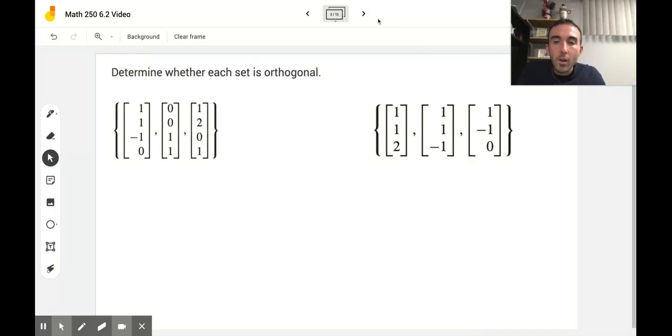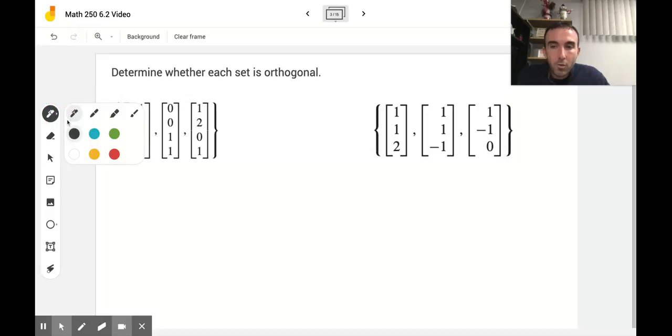We're going to take a look at 2 examples to determine whether or not each set is orthogonal. So let's say I have this first set of 3 vectors. I'll call them, for convenience, u, v, and w.